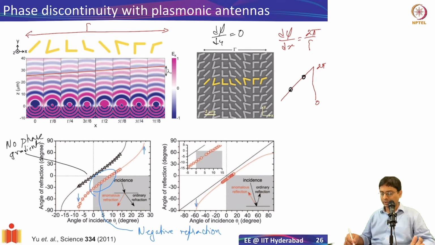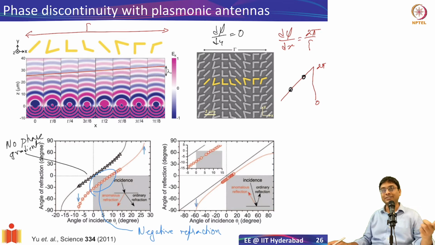And of course, the red line here is the theoretical expression that we said, the generalized Snell's law, and then the experimentally measured data is here. You see that there's an excellent match. Very rarely do we have such perfect matches, but in this case there is very nice matching. Even the angle of reflection also matches.